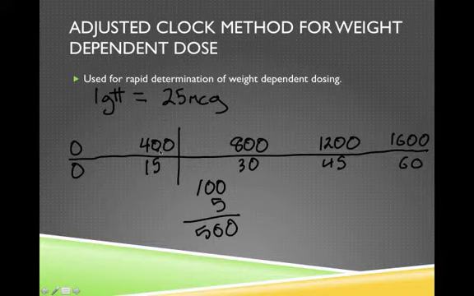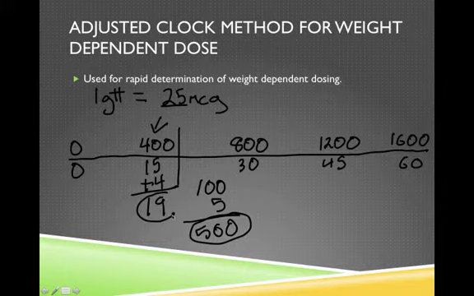But we are 100 short between a number that we definitely know, which is 400, and a number that we need, which is 500. So the question is how many quarters are in a dollar? And there are 4. So 15 plus 4 is 19. That's how many drops per minute we should be administering to our patient.